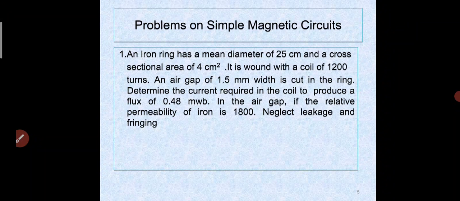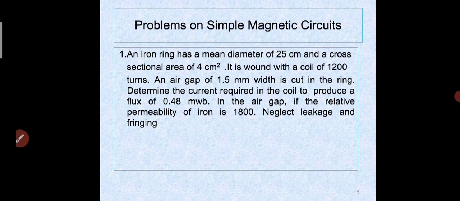Once again, a simple problem on magnetic circuits. An iron ring has mean diameter 25 centimeters and cross sectional area of 4 centimeter square. It is wound with a coil of 1200 turns.